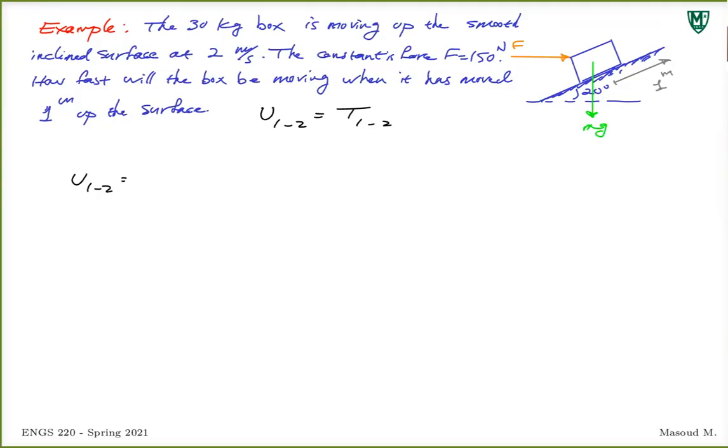So again, I'm going to split it. Let's write it this way. And let's draw a better bracket. Start. U from 1 to 2 because of gravity, I'll call it that way, and U from 1 to 2 because of force.